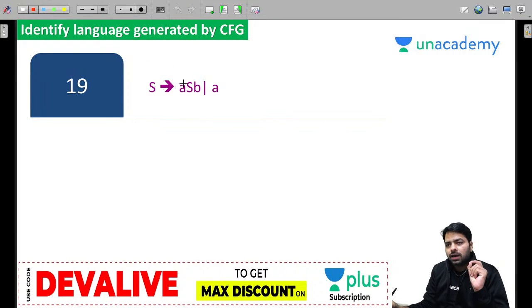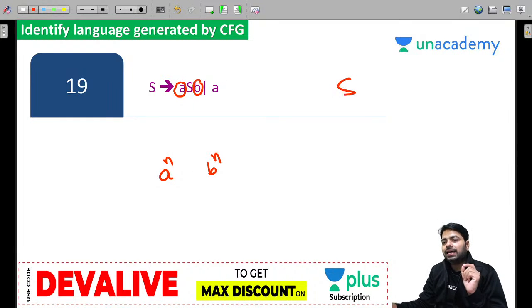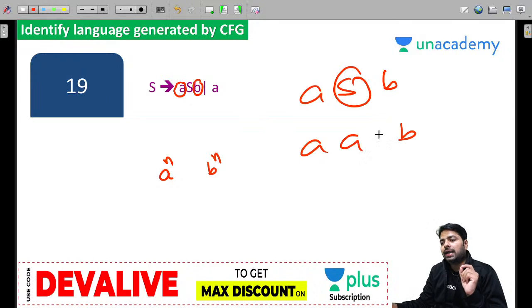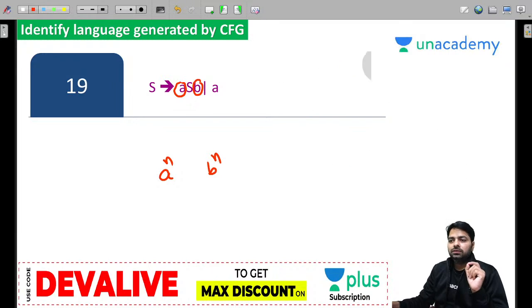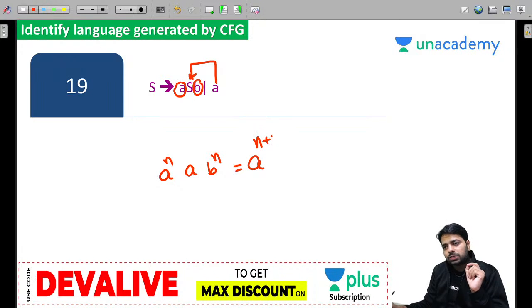Similar question, and this A and this B equally repeat. So we write A power n, B power n, because S is there with A and B. If you substitute again, AB is there, again AB comes. That is the reason this equally repeats. Now this A is going to be placed here. So A comes. This is equal to A power n plus 1, B power n, where n is greater than or equal to 0.